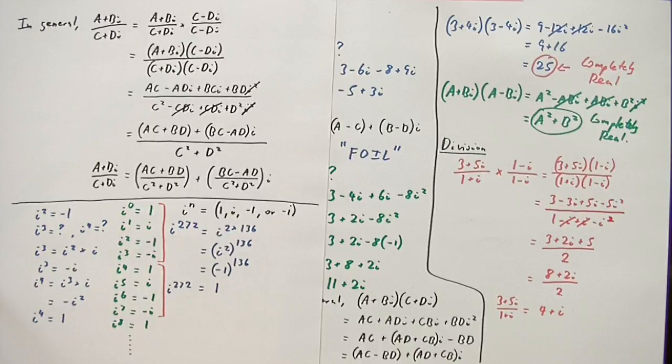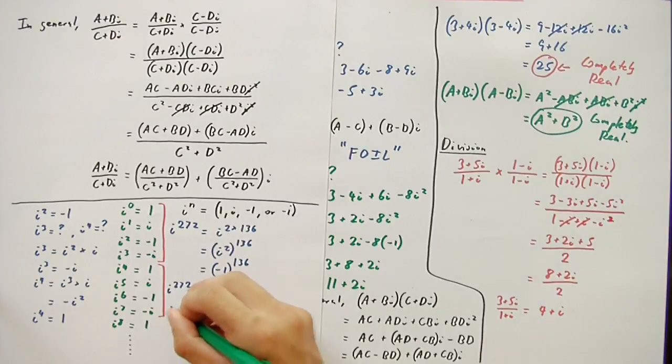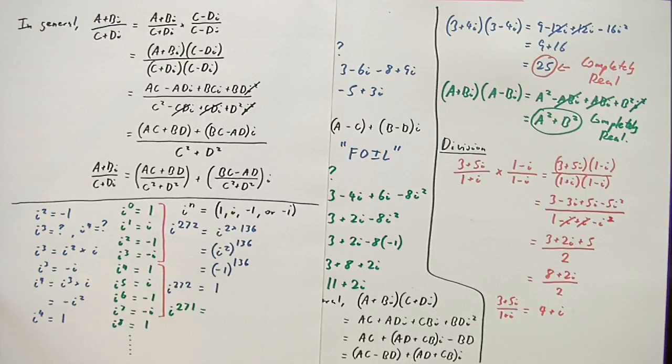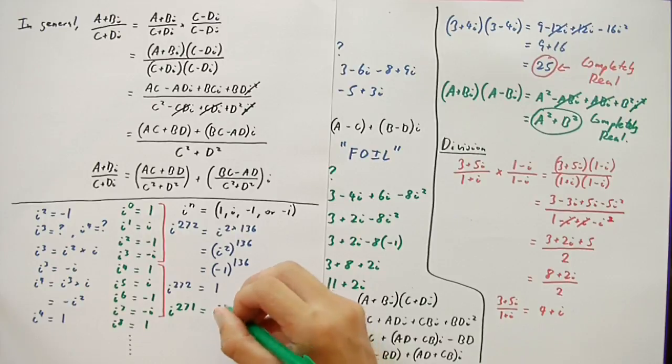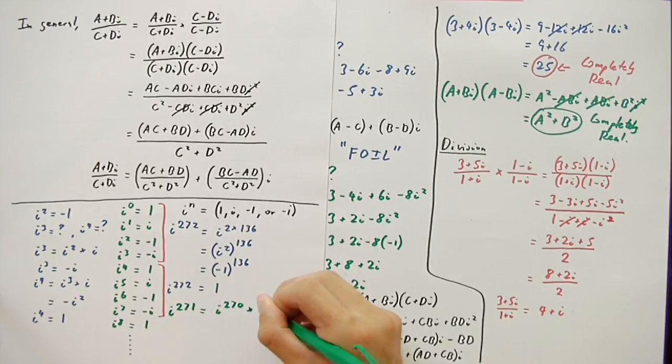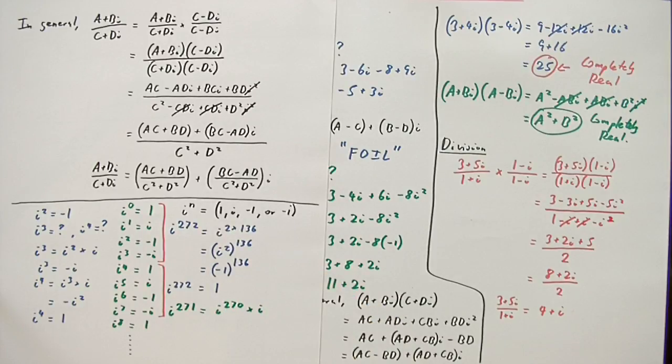Well, if it's odd, we actually use the same method that we use to find i to the power of 3 and i to the power of 4. So let's take an example. Let's take i to the power of 271. Now notice that using our index laws, we can rewrite i to the power of 271 as i to the power of 270 times i. Now we can't do much about this i, but the i to the 270 we can, because 270 is an even number.